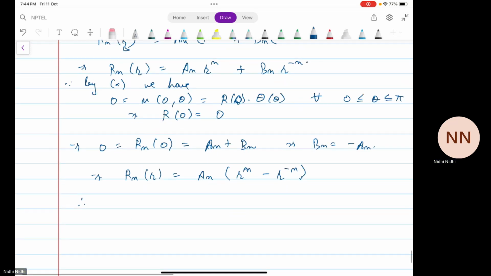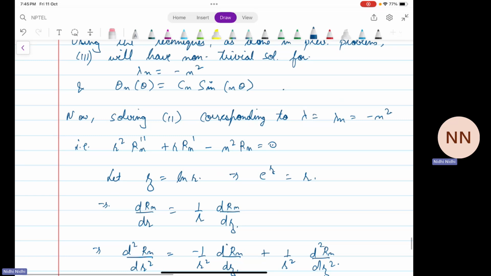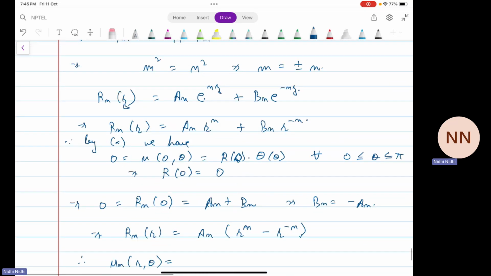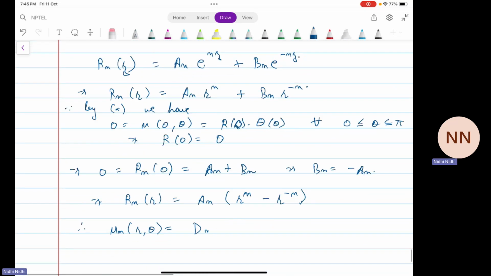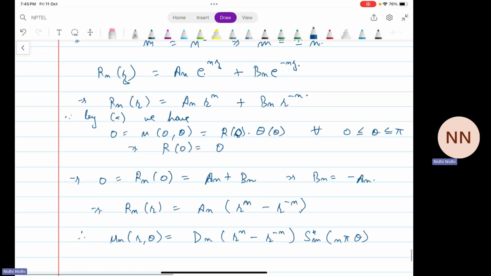Therefore un(r, theta), I'll take some other coefficient Dn, which is basically An times Cn, is equal to Dn times r to the power n minus r to the power minus n times sine n theta. So that was n theta, sorry, not pi.